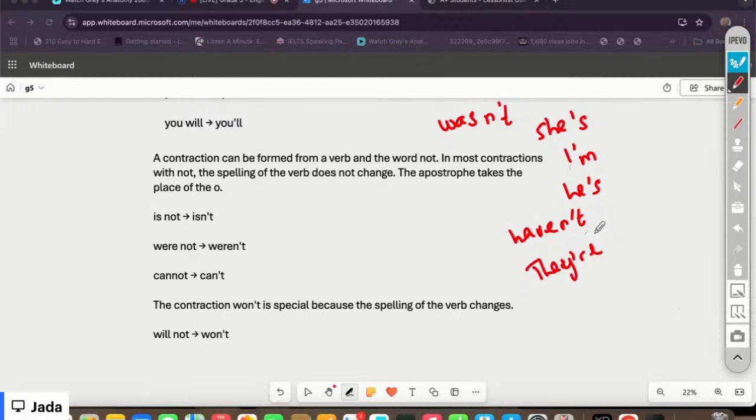Let's see. Okay, so do we have more? Are we talking about rules or are we doing contraction?